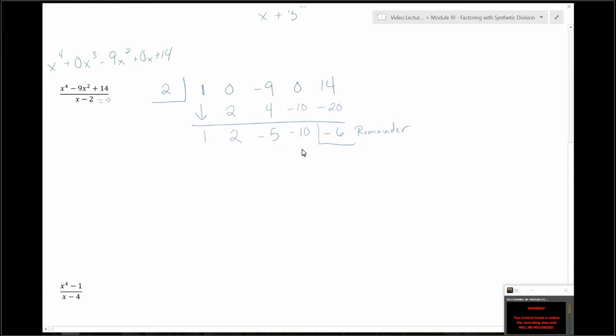This is our polynomial. This is the quotient that we're getting after dividing. And we can see this is x cubed plus 2x squared minus 5x minus 10. So our answer is that polynomial we're getting plus the remainder over what we were dividing by.